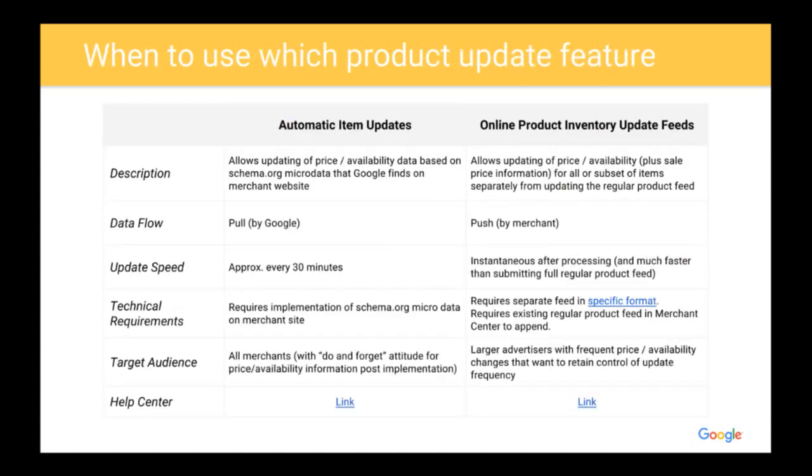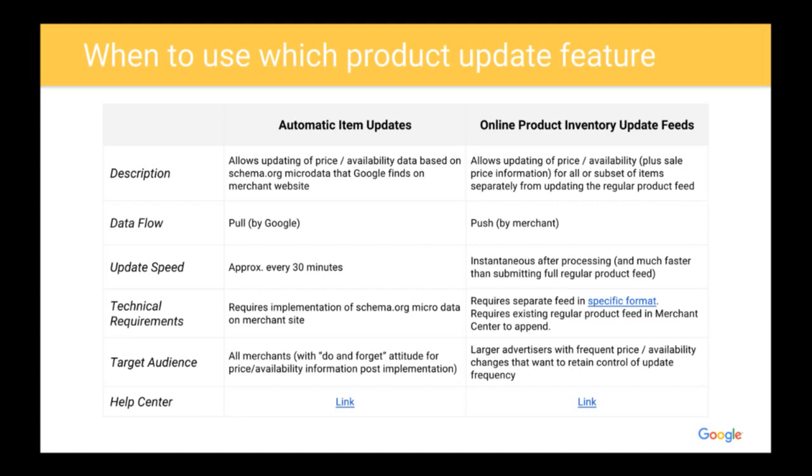All right, so we just talked about two features that sound pretty similar in helping you update price and availability. Which price and availability feature would suit you best? This is just a quick snapshot. We'll be able to share this so you can reference this chart later, but just walking through really quickly.